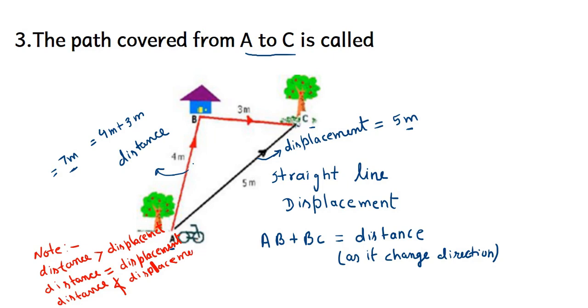So students, these points we need to remember. This will help us solve so many questions. This is a very important point, students, that distance can never be less than the displacement.